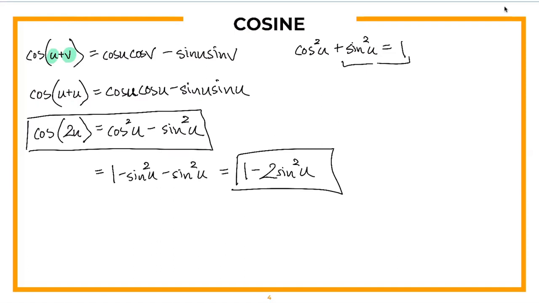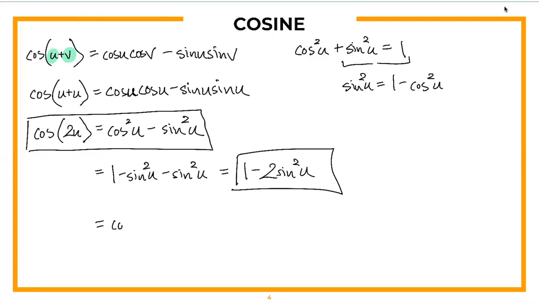To find the third version, we can go back to our original and go back to our Pythagorean, but instead of saying cosine squared equals something, we could say that sine squared equals 1 minus cosine squared and plug that in.